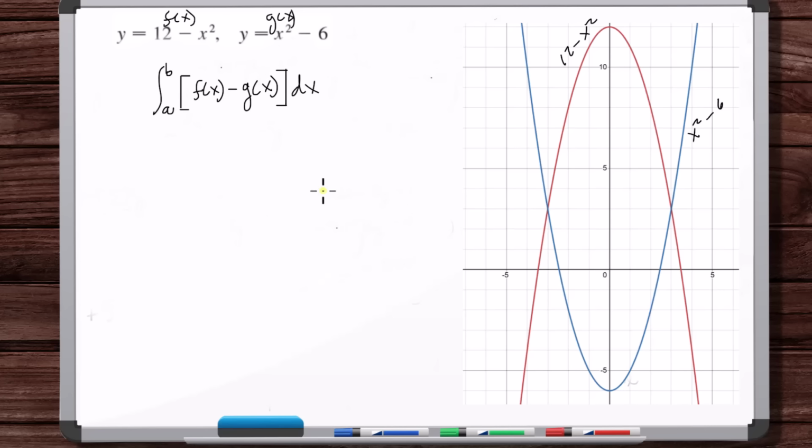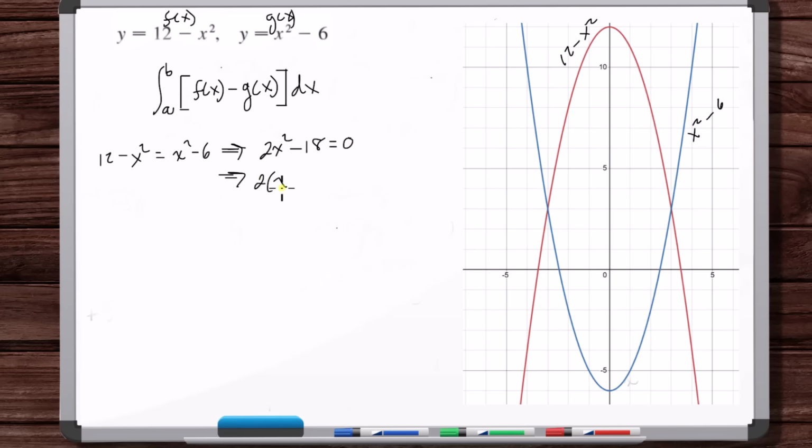So, okay, now what is a and b? We need to set these two functions equal to each other and solve for x. So we bring the x squared over: 2x squared minus 6 minus 12 minus 18 is equal to 0.